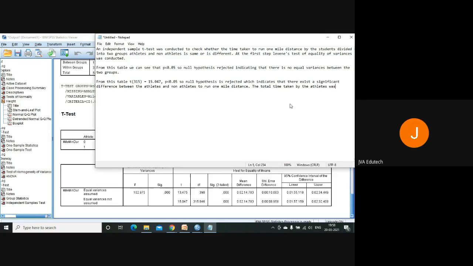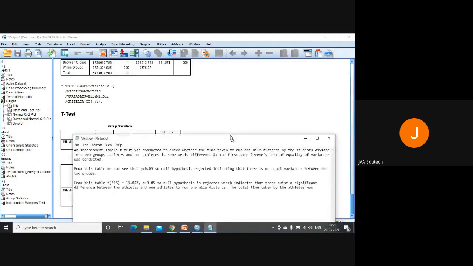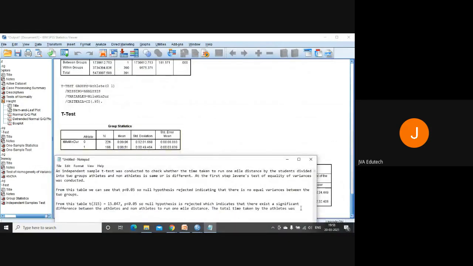can anybody tell me from the table? Take this mean value. This mean value was 9.06.